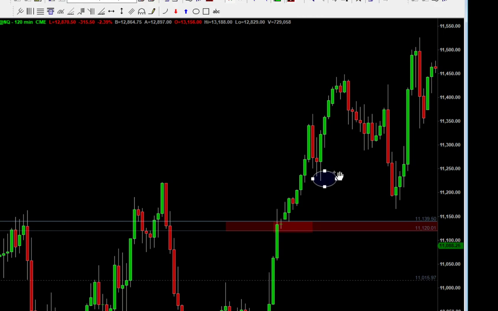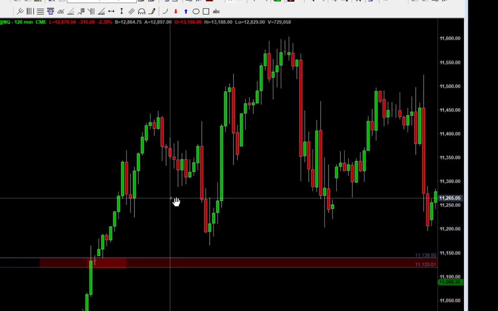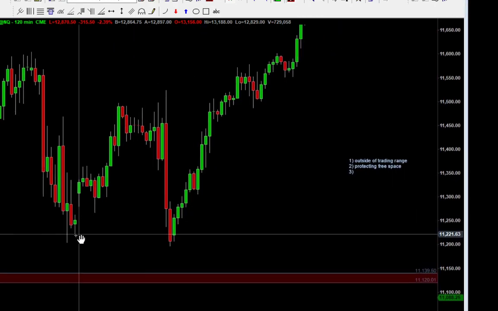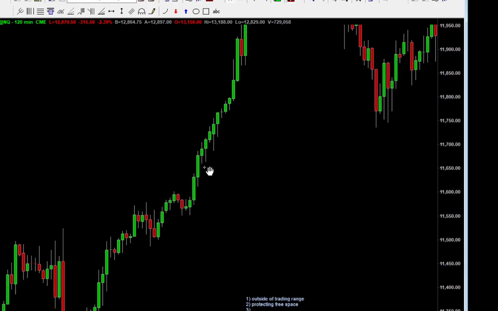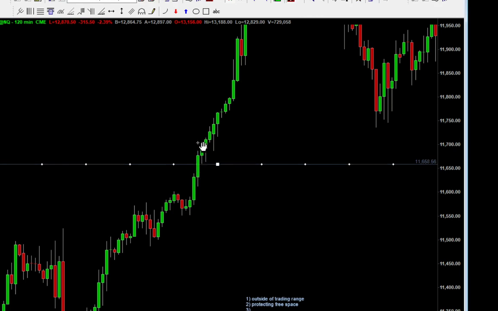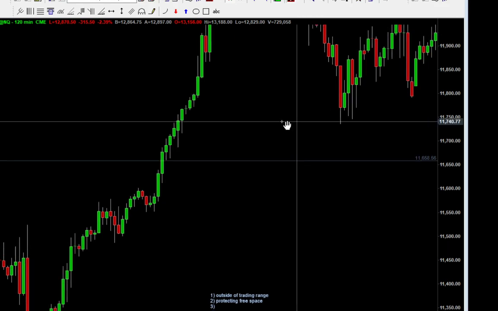You want a zone that has its distal line like this, closest to the body of the leg in. See that? And that signifies a better zone.